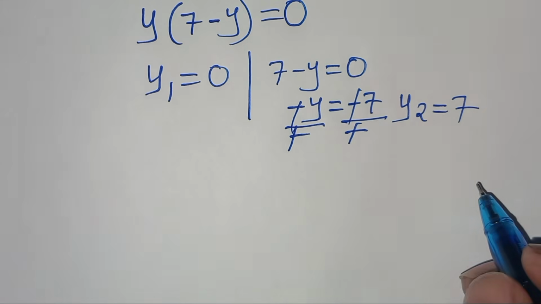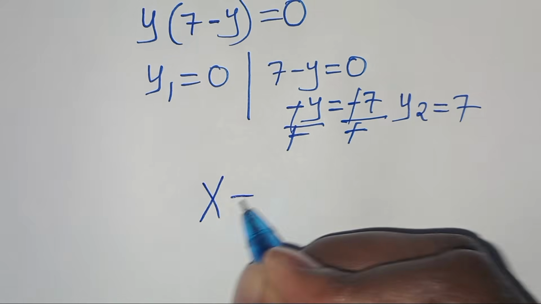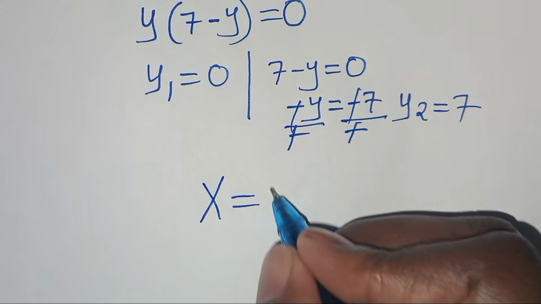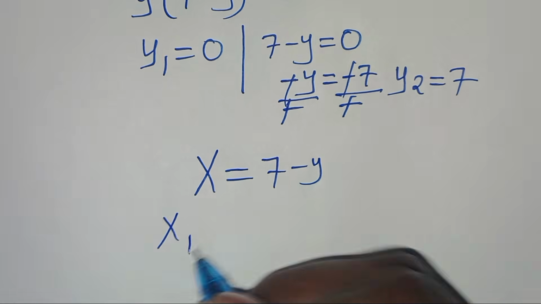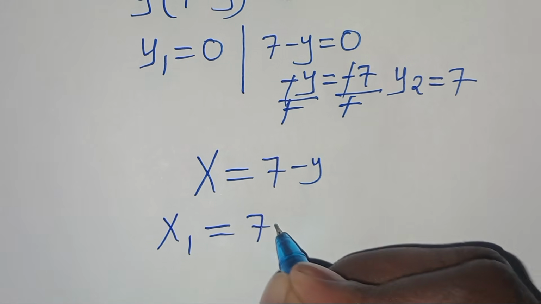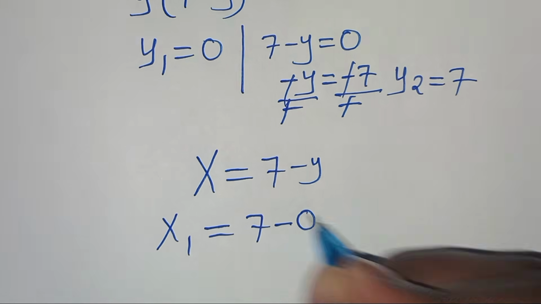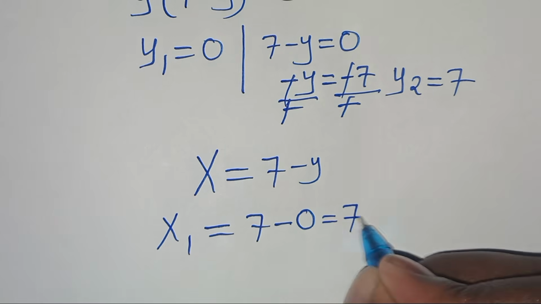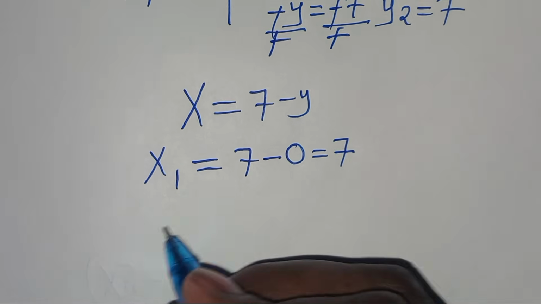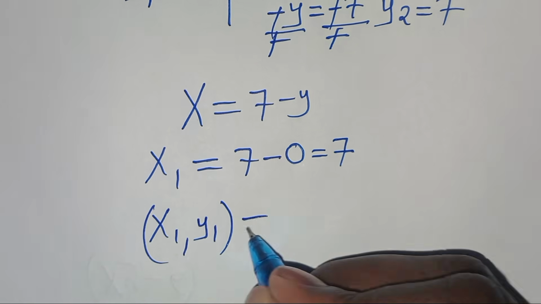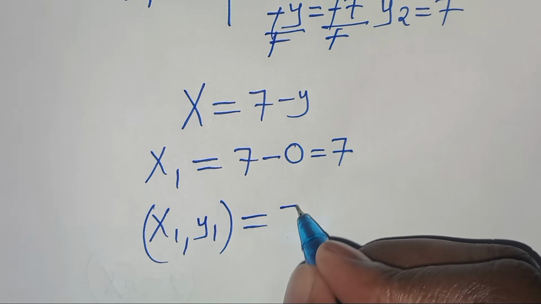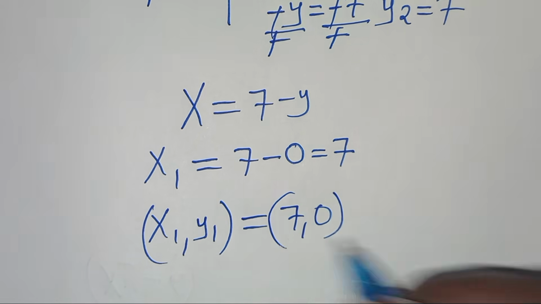So we can solve for the value of x. x is equal to 7 minus y. This implies that x1 is equal to 7 minus y1, which is 7 minus 0, which is equal to 7. So x1 comma y1, the first set of solution here, is 7 comma 0.